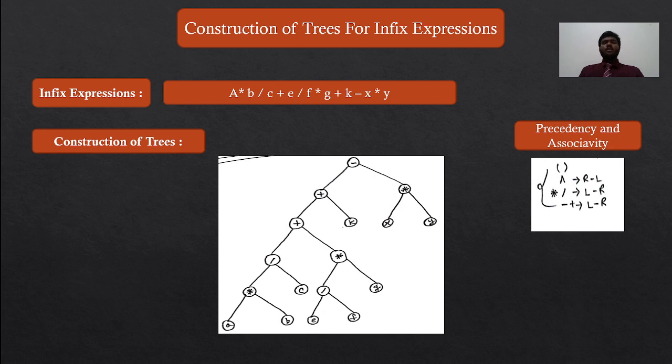And if we start our construction by this minus root, all the things on its left side are its left child, and its right child is x multiplication y.